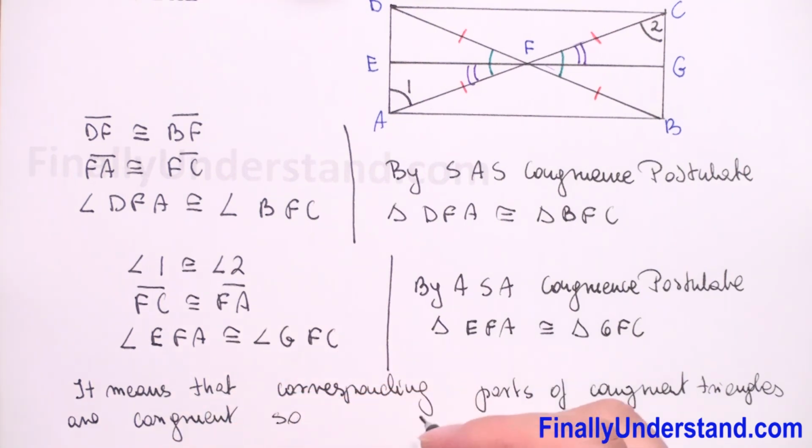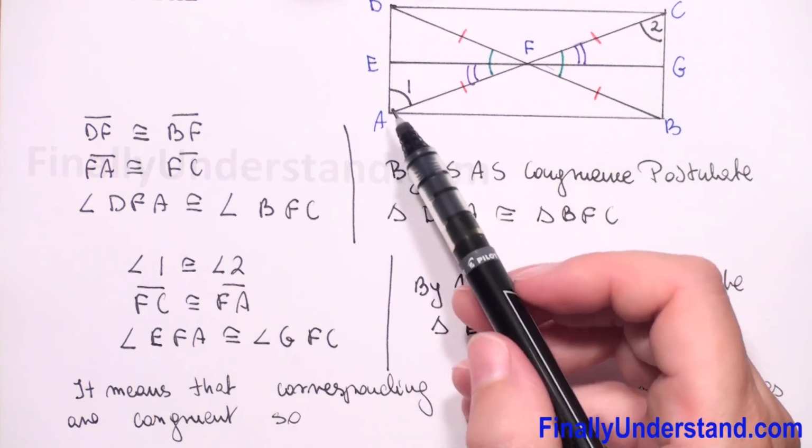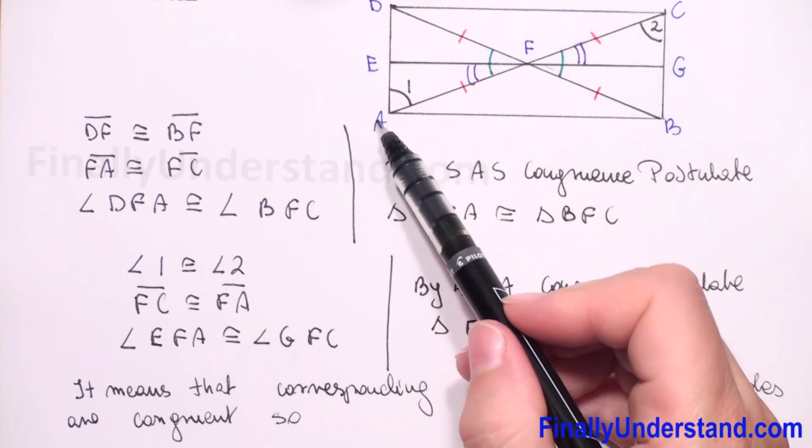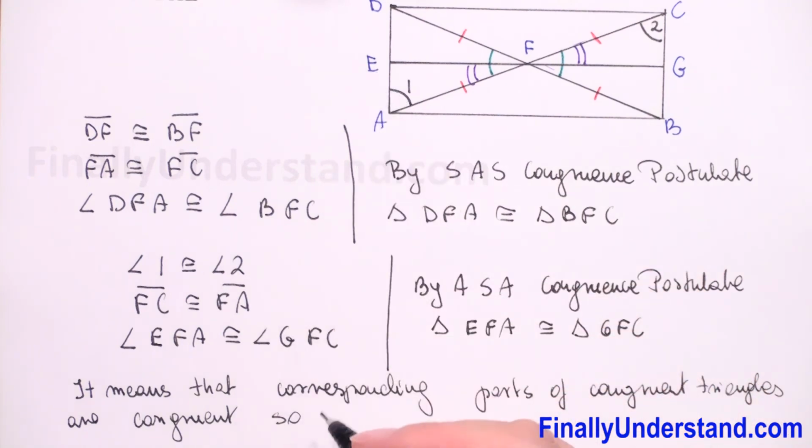So we have that CG and AE are congruent. So this is my solution.